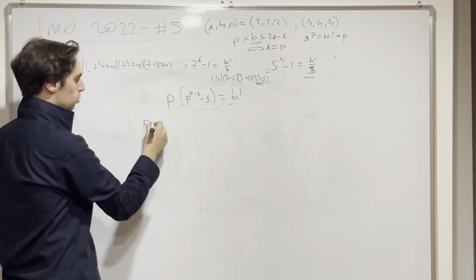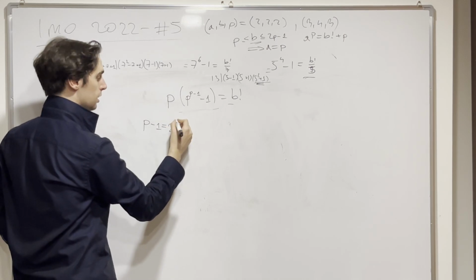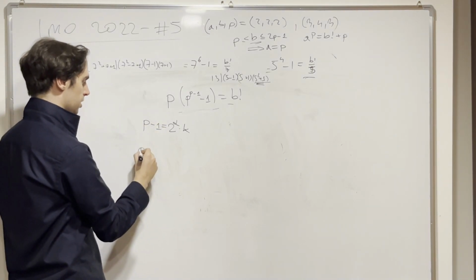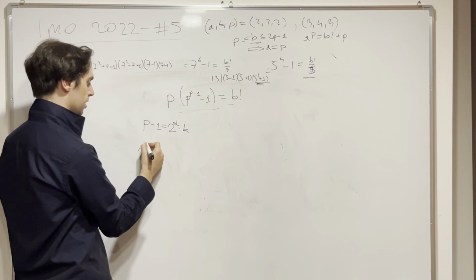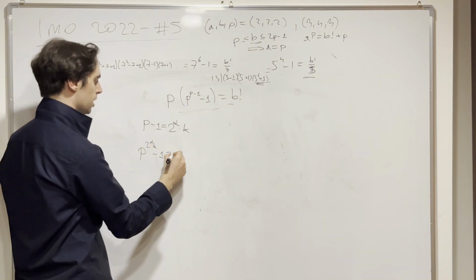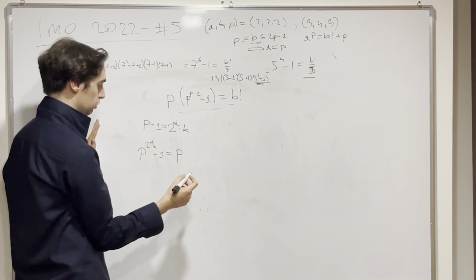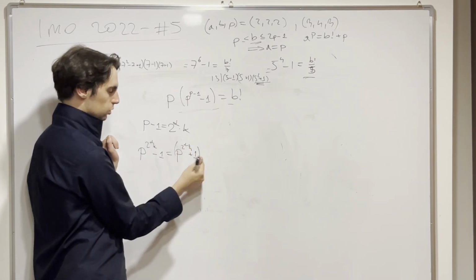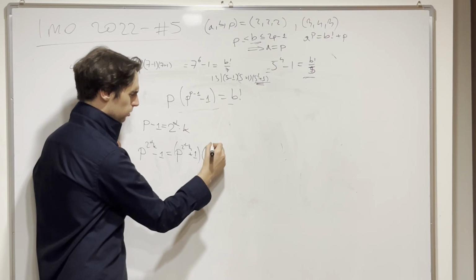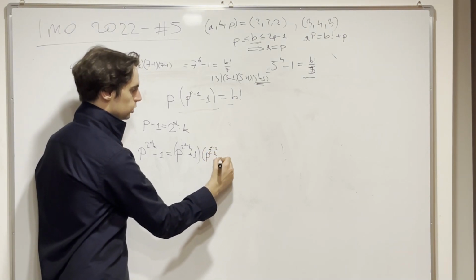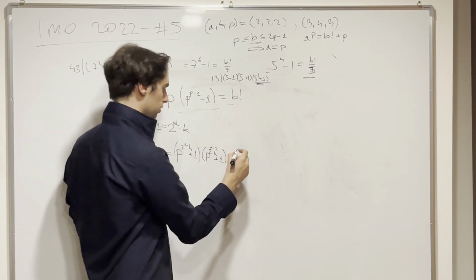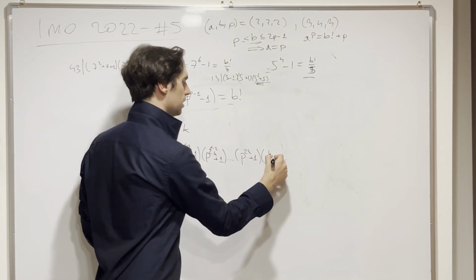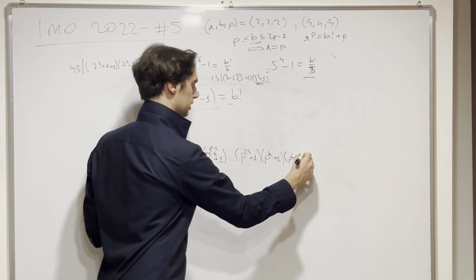And now, if p minus 1 is equal to, say, 2 to the alpha times some k, then we can write this as p to the power of 2 to the alpha times k minus 1, which, applying this operation successively, is p to the 2 to the alpha minus 1 times k plus 1 times this minus 1, which is p to the 2 to the alpha minus 2 times k plus 1, and so on and so forth, until we reach p to the 2k plus 1, and then p to the k plus 1, p to the k minus 1.